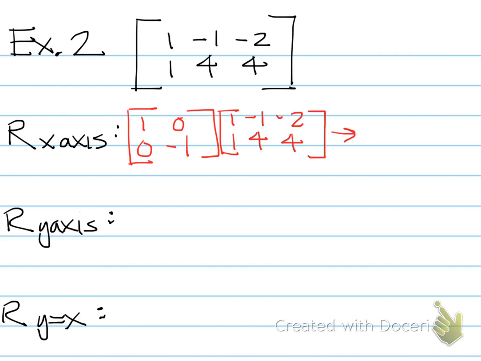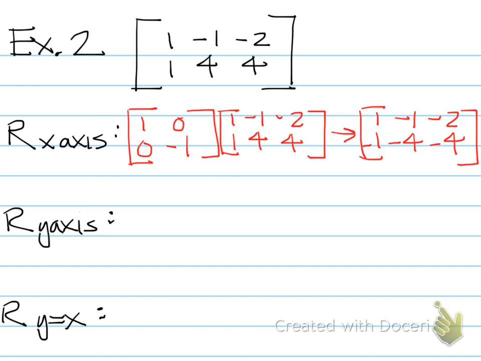So the first thing, to reflect this pre-image across the x-axis, we're going to multiply the matrix 1, 0, 0, negative 1 to our vertex matrix. That will give us the following matrix in the first row and the following values in the second row.